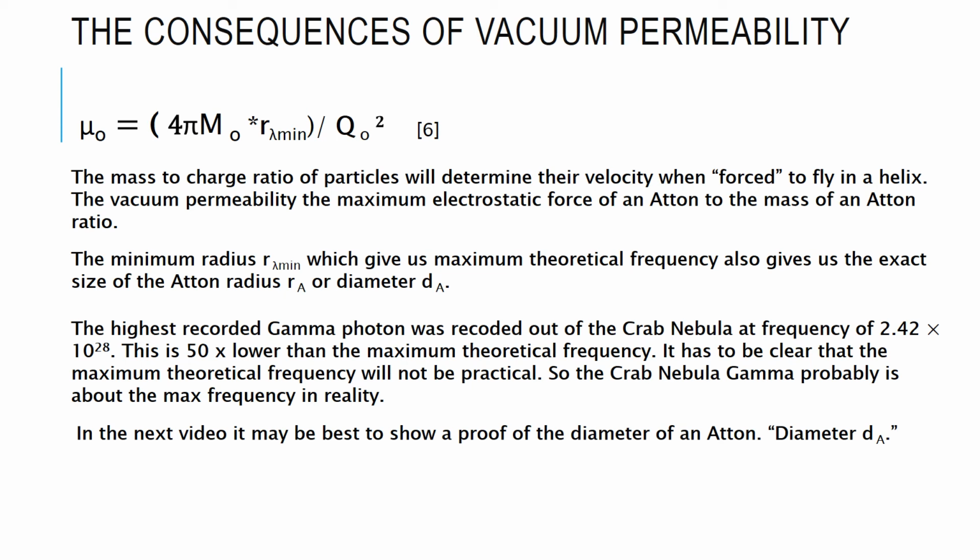So I think this is going to be very important for the next video to show that the number that we arrived at, the number that relates to the diameter of the atton, is correct. And to do that, we're going to need some really good measurement. And I think one of the best measurements of a particle is the measurement of a proton.